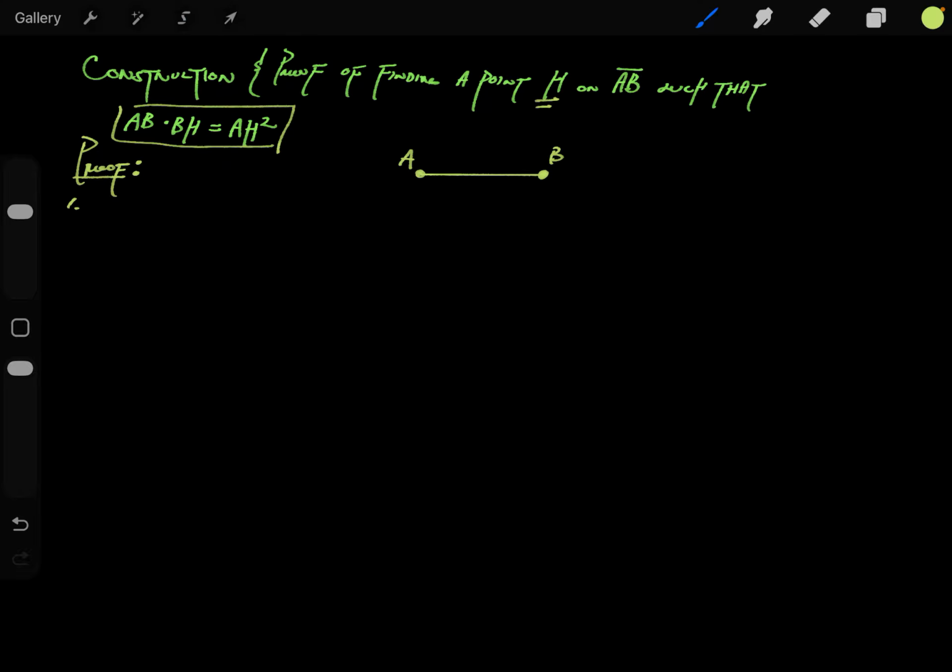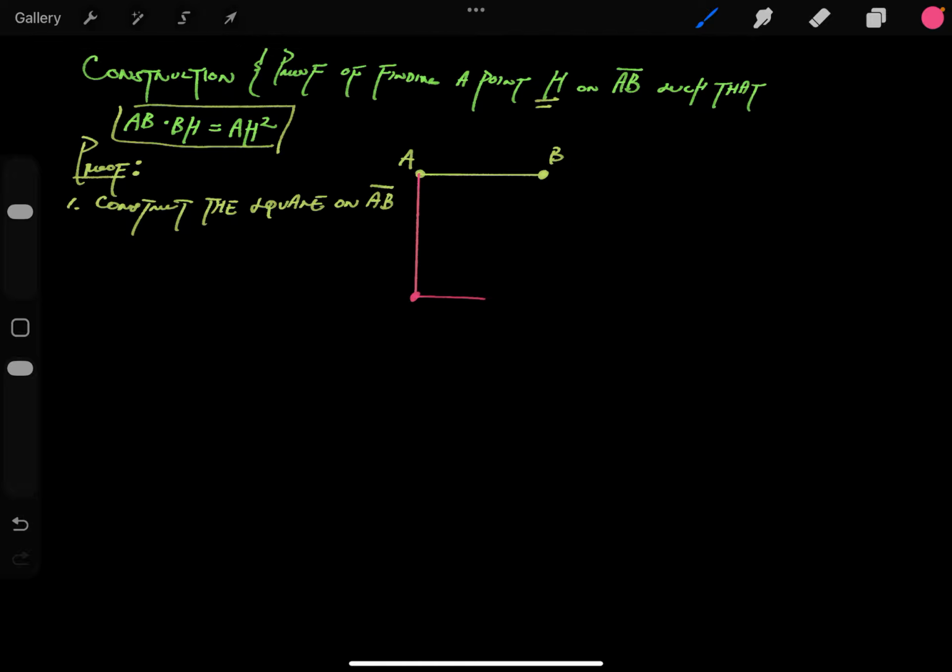So the first thing is construct the square on AB. To construct the square on AB, we got to know how to do that, so let's just draw that out.